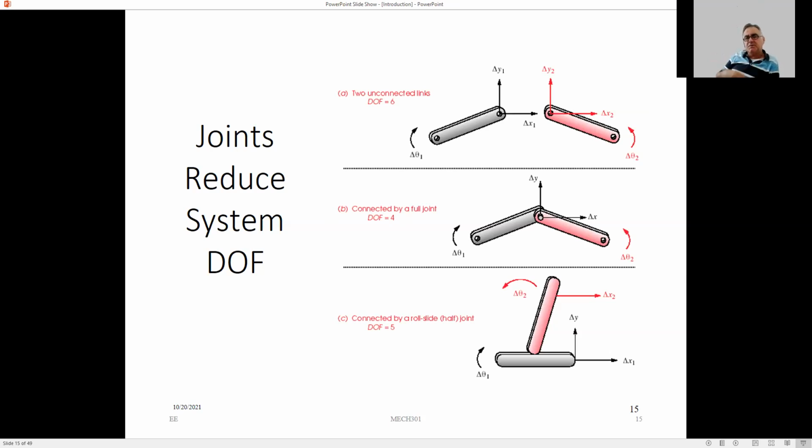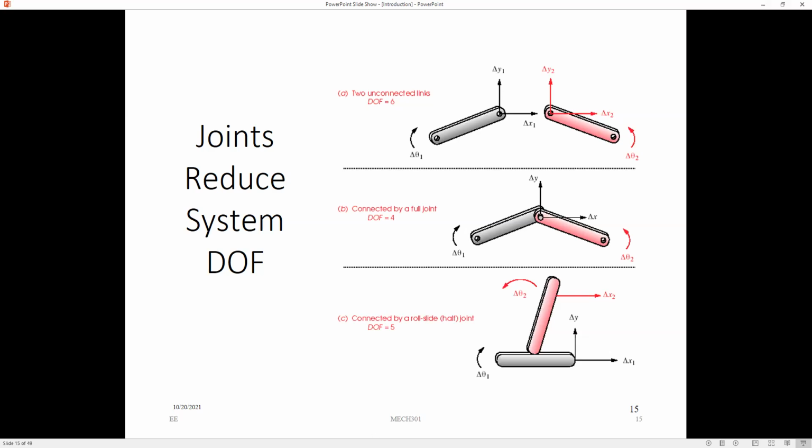The first one has 3 degrees of freedom because it's in 2-dimensional space. The second one has 3 degrees of freedom as well. In total, their degree of freedom is 3 plus 3 is 6, right? The total degree of freedom is 6 here.